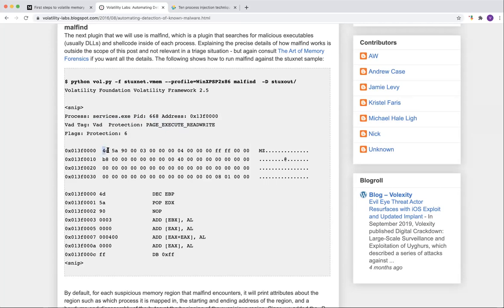The starting bytes are 4D5A, and 4D5A in ASCII is MZ, which is the starting signature of an executable. So here, with 90 to 95% accuracy, we can tell that services.exe has been code injected by malware just by seeing this signature, right?